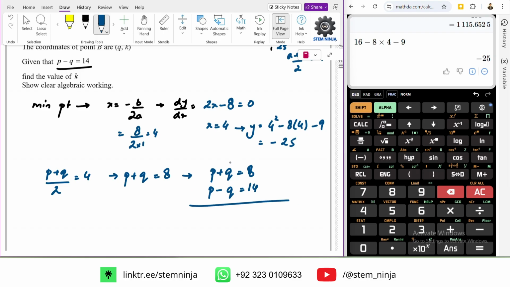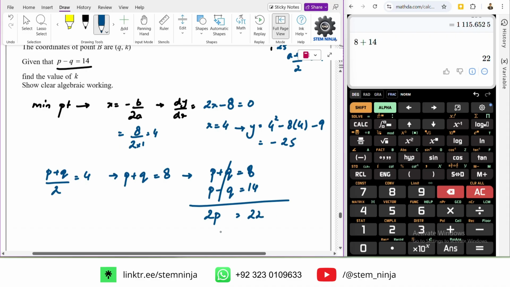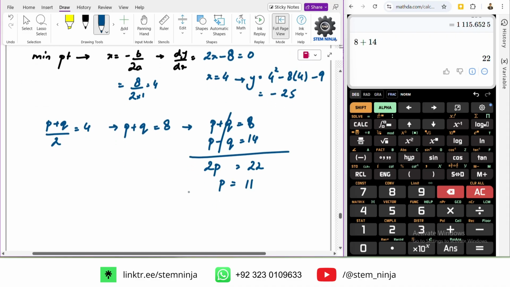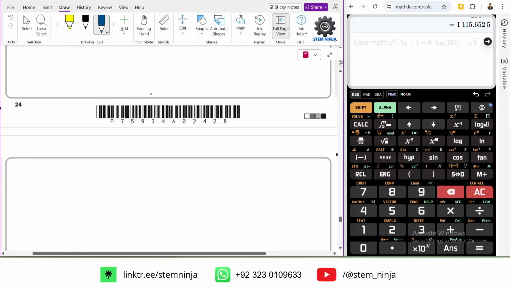So when you add these, the q cancels out. You have 2p equals 8 plus 14, 22. p is 11. So q would be 8 minus 11, which is minus 3. So that's it. p is equal to 11.